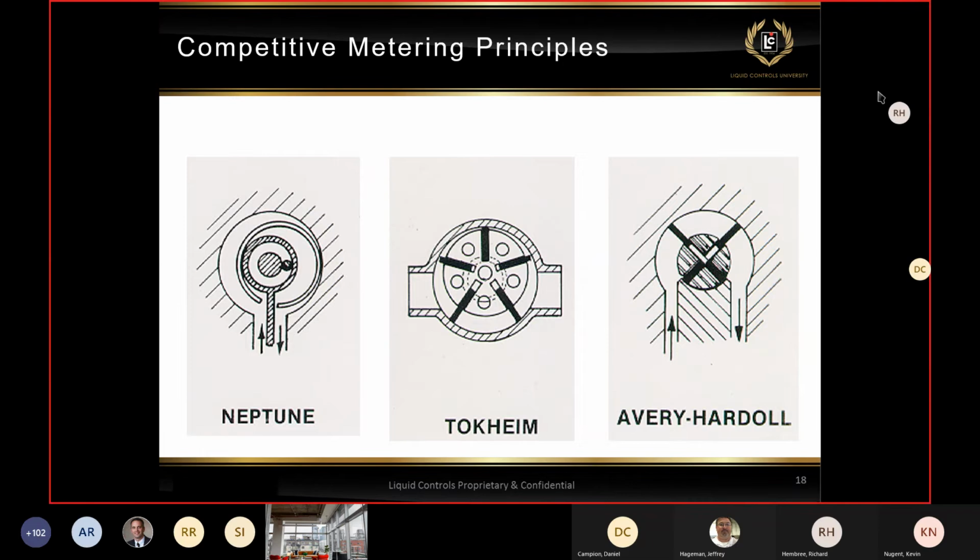So we're going to be talking about the oscillating piston design that's most commonly known for Neptune, a sliding vane type design, which is from Tokheim. You may not have known the name Tokheim, but it was in the industry for a very long time. But it's a sliding vane, similar to what you see in some pumps. The Avery Hardall, which is also a variation of a sliding vane meter.